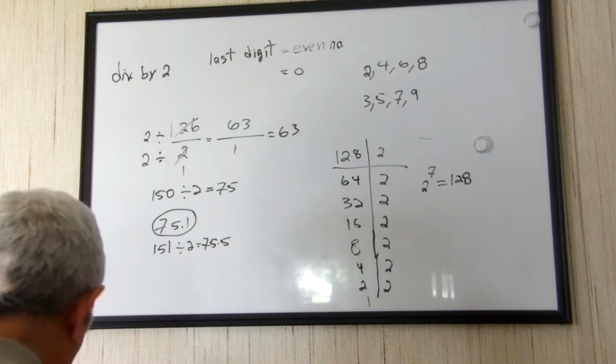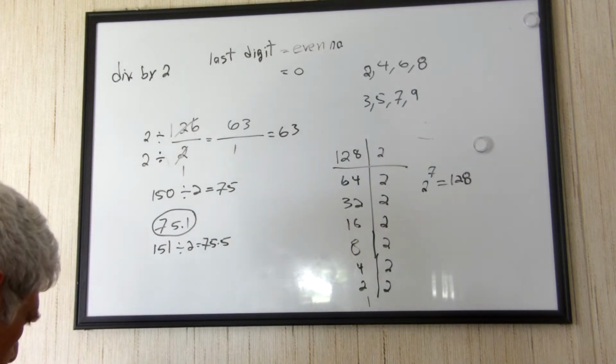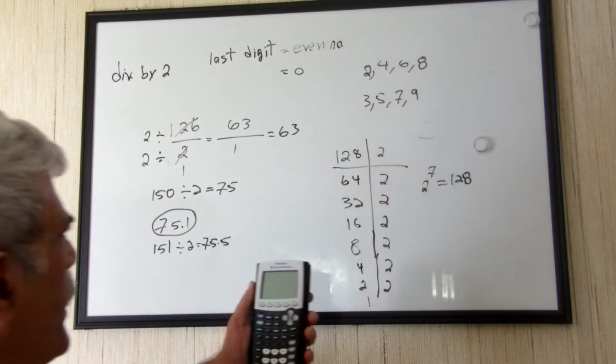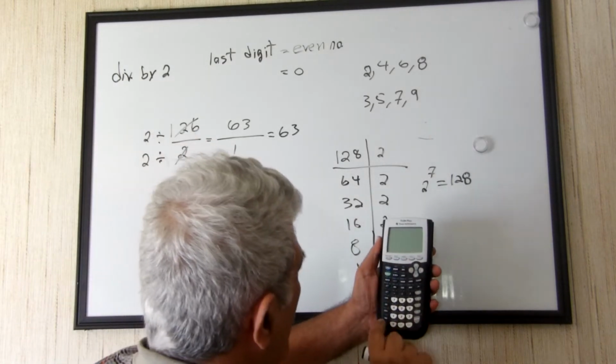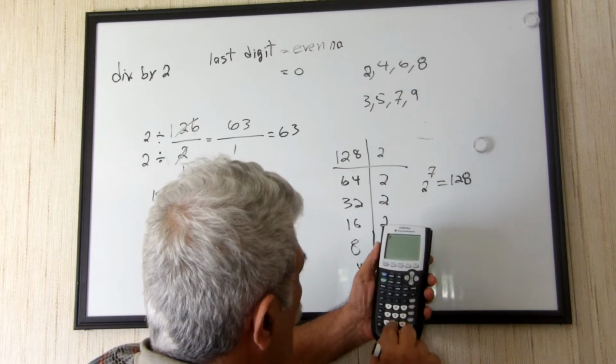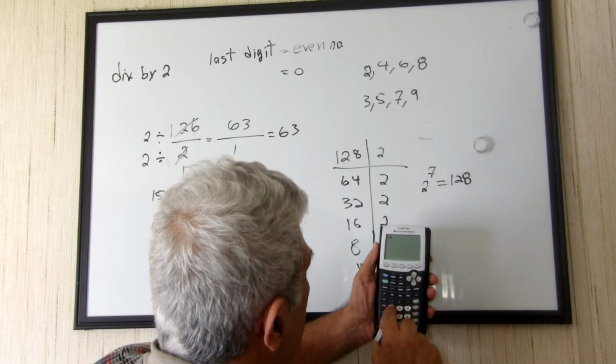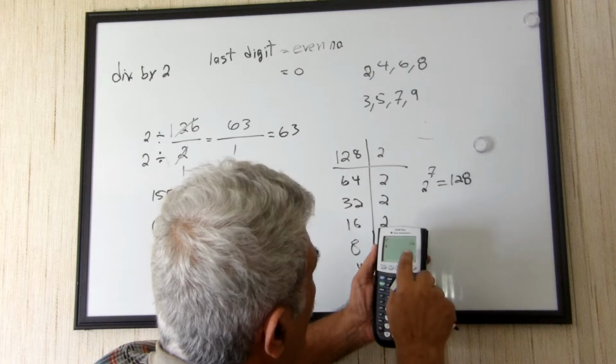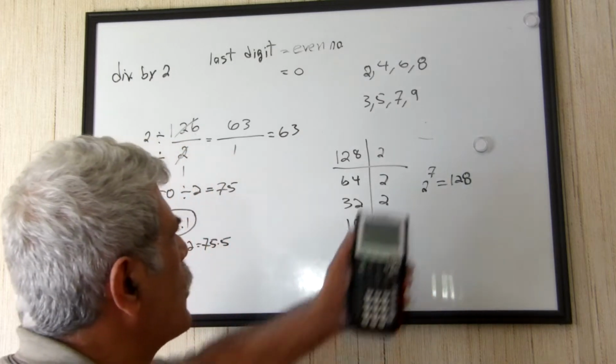Okay, I can show it to you on the calculator. We turn this on, clear, 2 to the power of 7 is equal to 128. So we break it down.